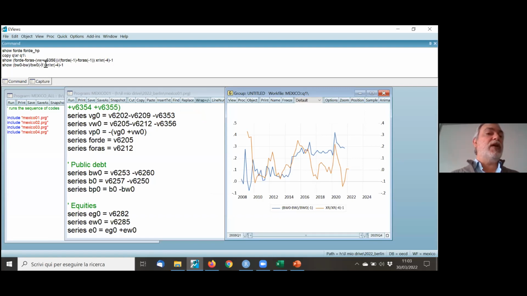So this is what I've done in here. I don't know whether you can read it, but BW0 is the measure at current prices, BW is the measure at historical costs. So this should be an implicit measure of the price appreciation of the government bonds.